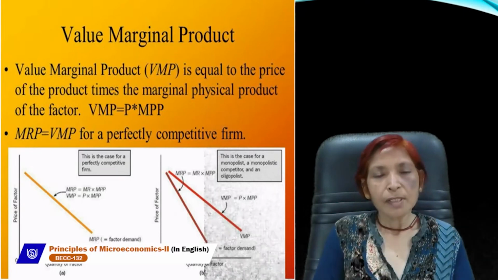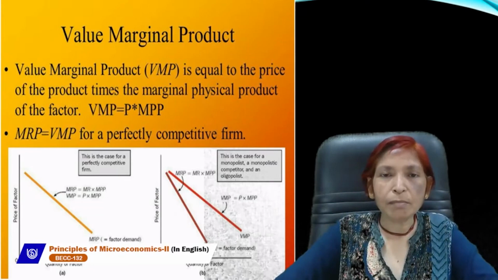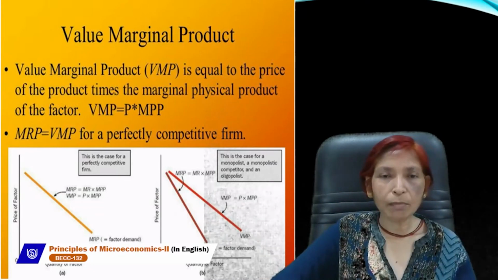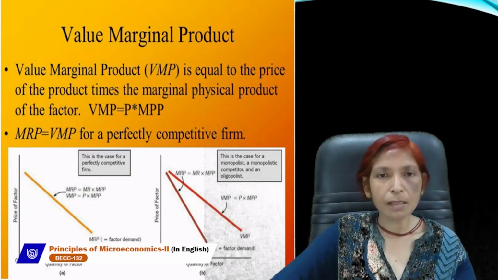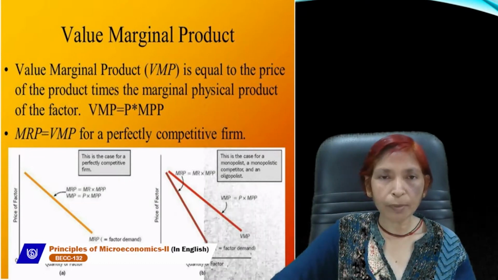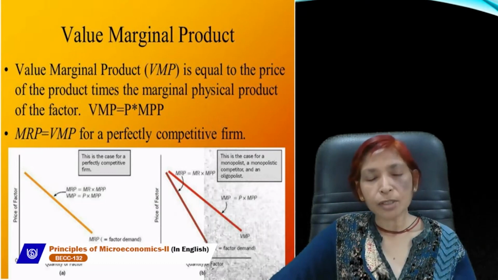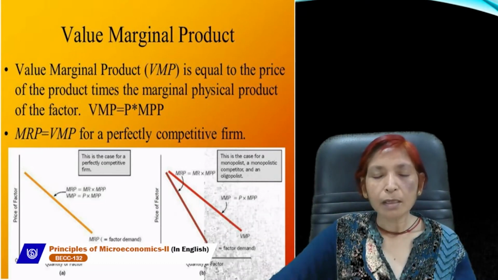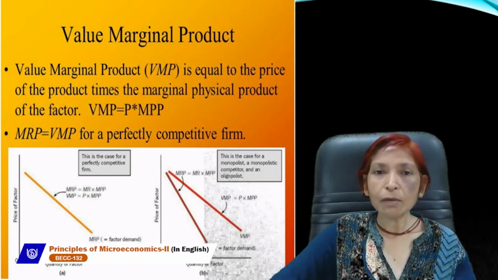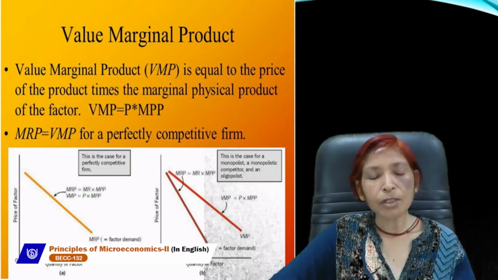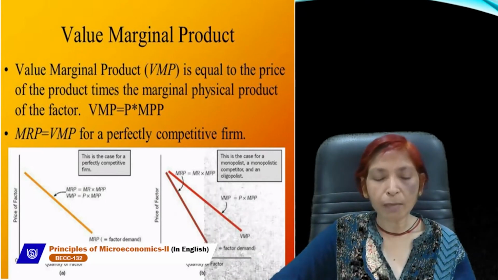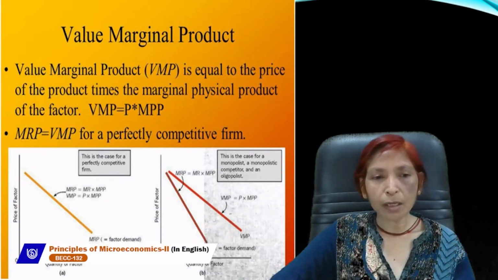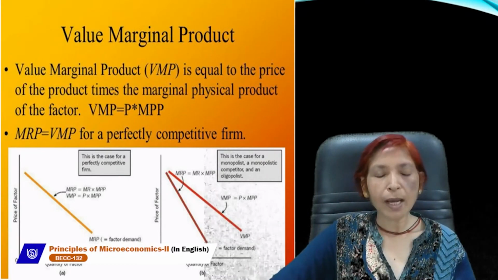As we have studied market structures like perfect competition, monopoly, monopolistic competition and oligopoly in this BECC 132 paper, in perfect competition average revenue always equals marginal revenue. So if we multiply MPP into MR and MPP into AR, there will be no difference between these concepts.